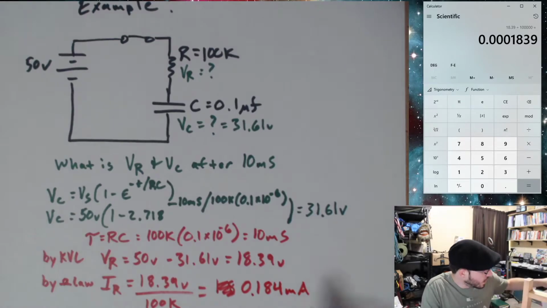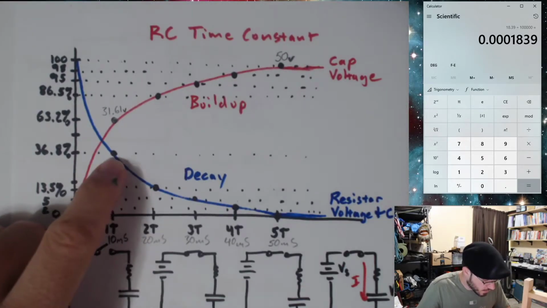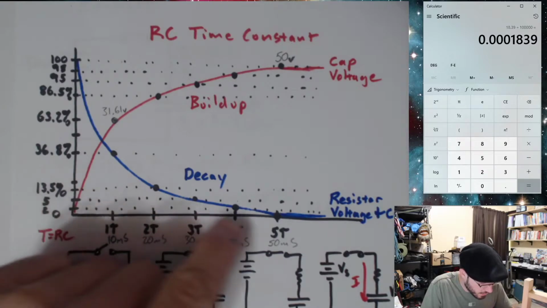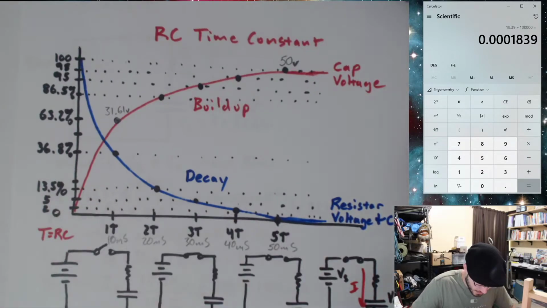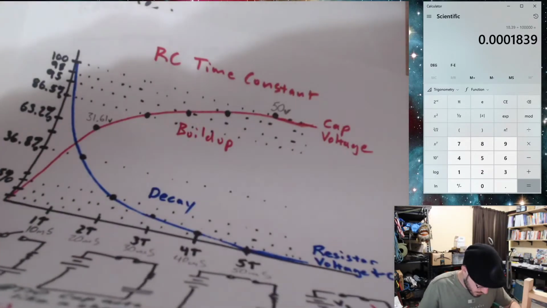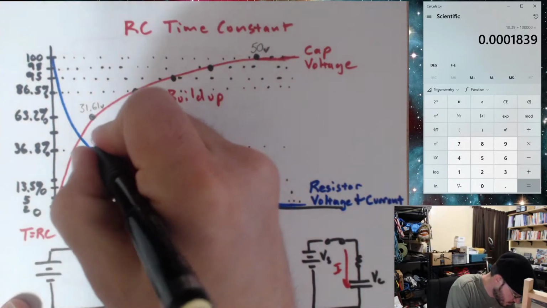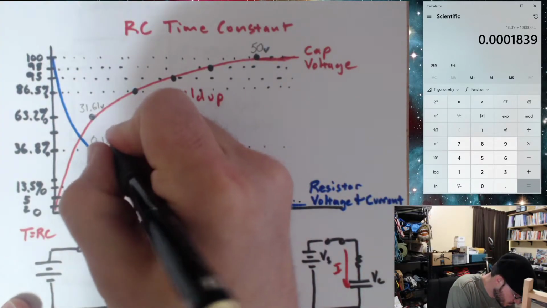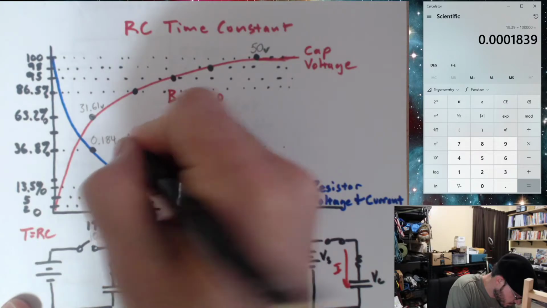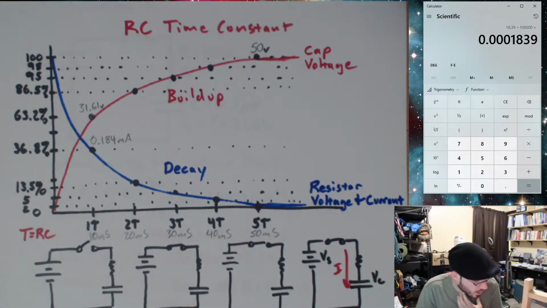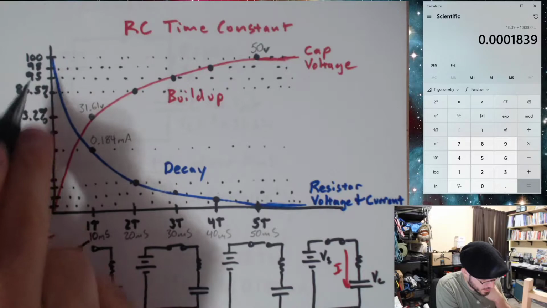Okay, so we are at this point over here for the current flowing through this circuit. But what did we start off at? What was our max current?